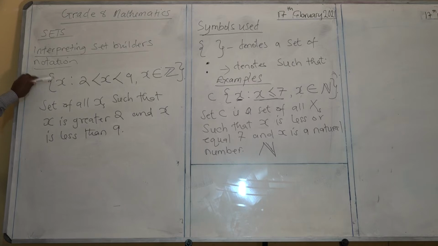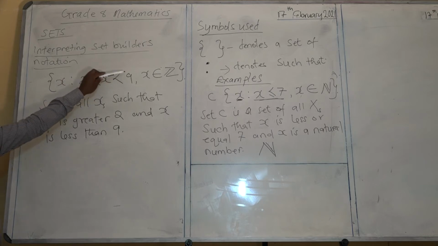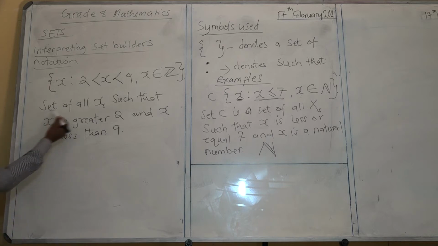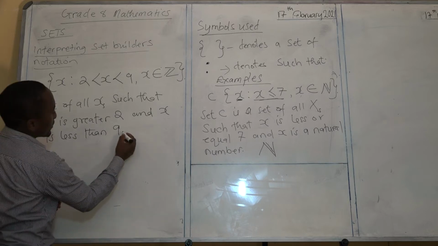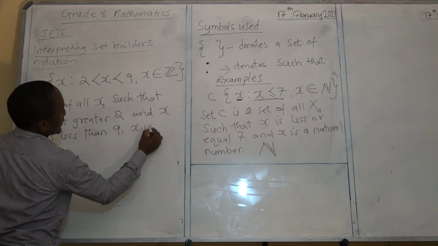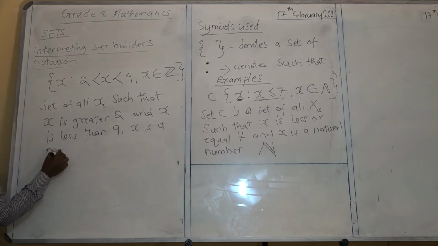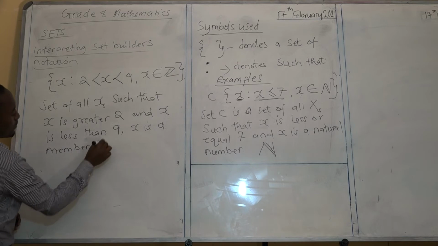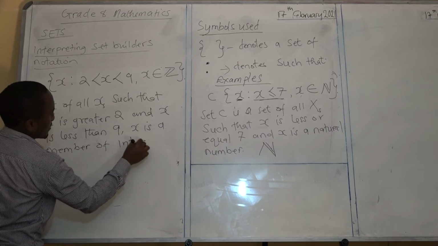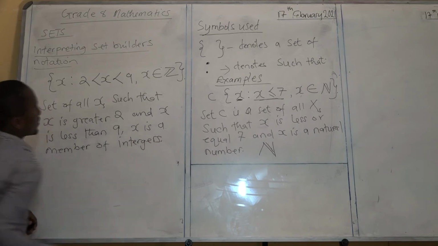So this is a set of all x such that 2 is less than x and this x is again less than 9. You should simply write it as the set of all x such that x is greater than 2 and x is less than 9. And you have been further told that x is a member of integers.